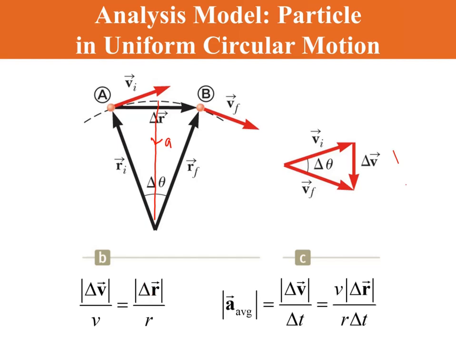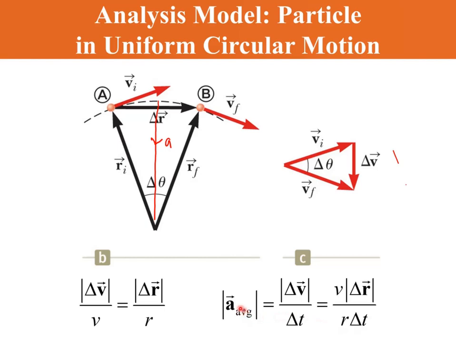And acceleration, as we know, is equal to delta v over delta t. Delta v here can be written from the previous equation, so taking v to this side, we can rewrite delta v as v delta r over r. Since a equals delta v over delta t, the whole equation becomes v delta r over r delta t.